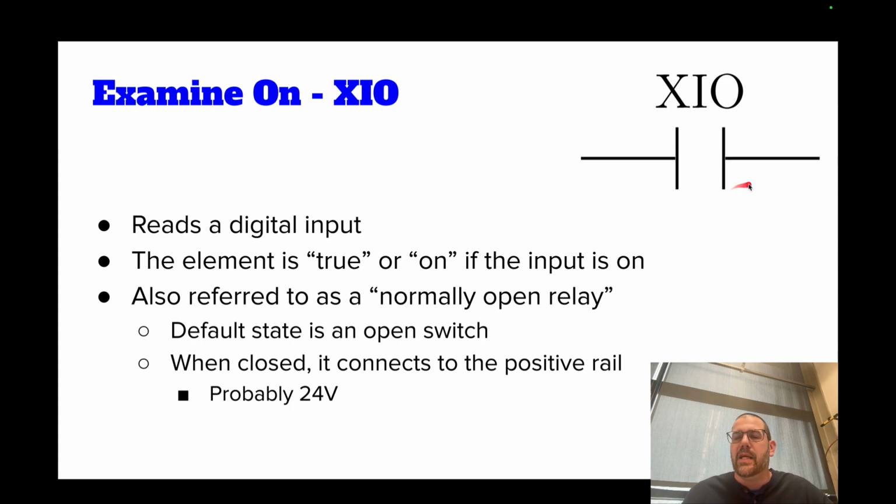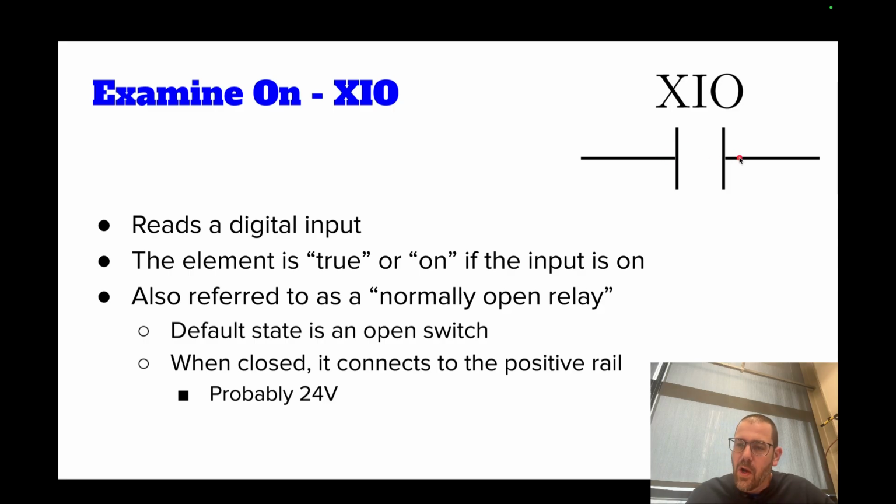And so what that would mean is if the switch is open, if this is connected to your power rail, 24 volts or whatever, and this is open, then this would be floating or basically 0 volts here. So it is essentially reading one digital input, and if it's off, then the output is off.